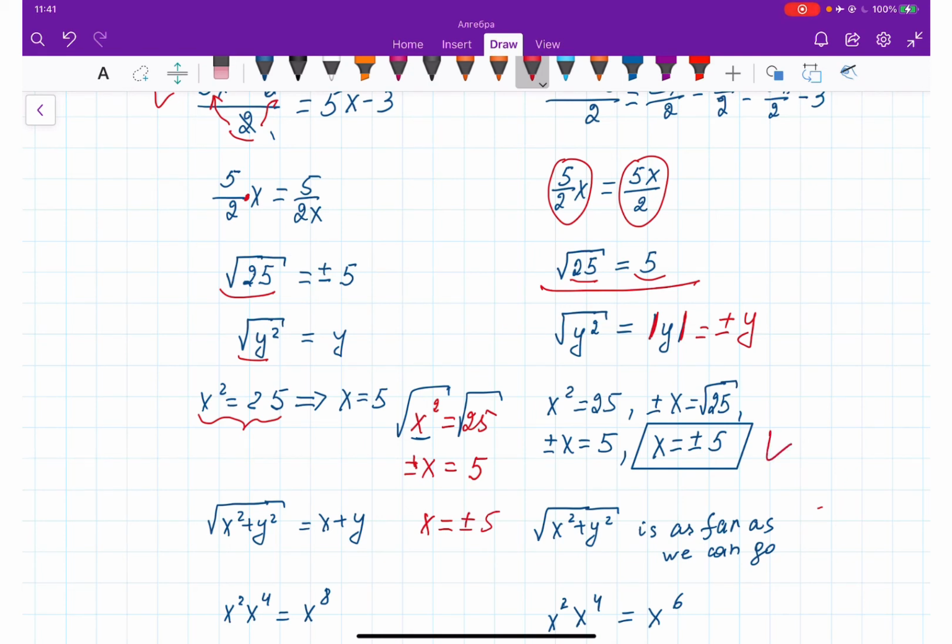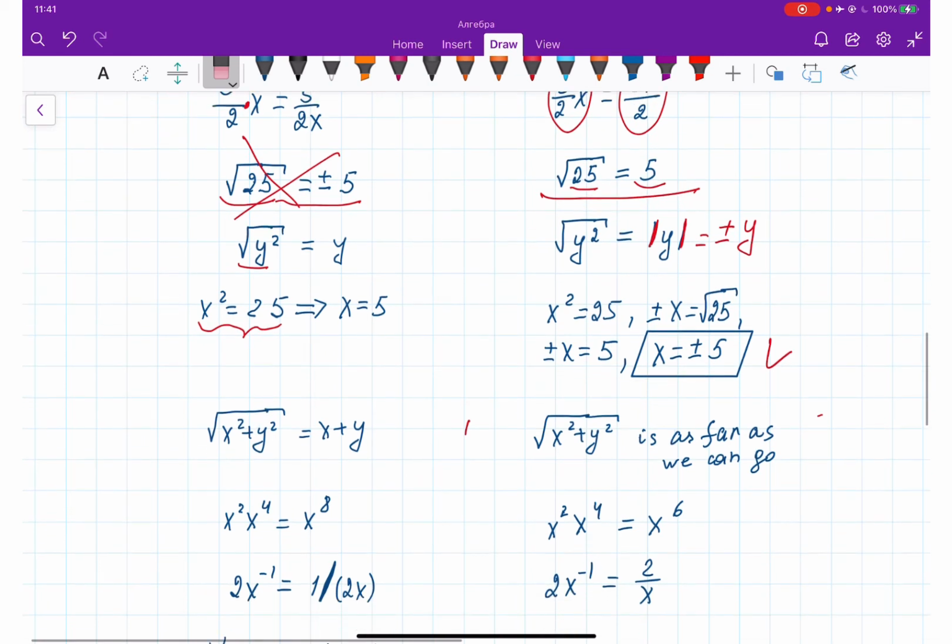You got the result. So you get plus minus only and only if you are taking square root from the variable. But if you are taking square root from the number, you always get positive 5. And writing down like this, it is absolutely wrong. Okay, moving to next one.